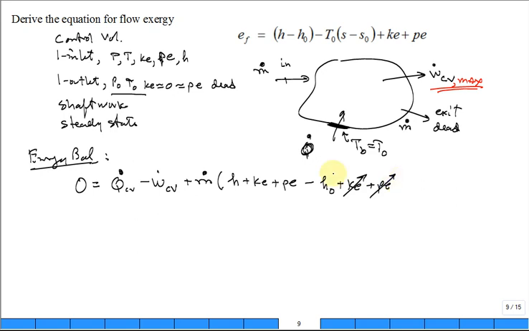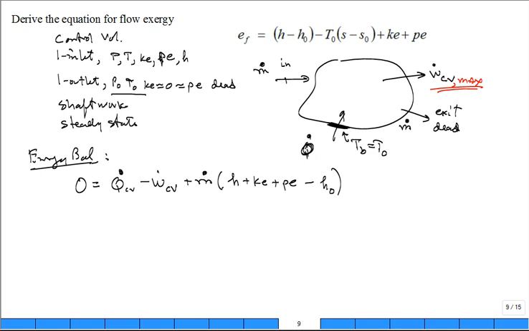So let's clean it up a little bit. It's the mass flow rate times the enthalpy, kinetic energy in, potential energy in, minus the enthalpy out at the dead state. Does that contribution look good for the energy balance? Thumbs up if you follow. Ask me a question otherwise.